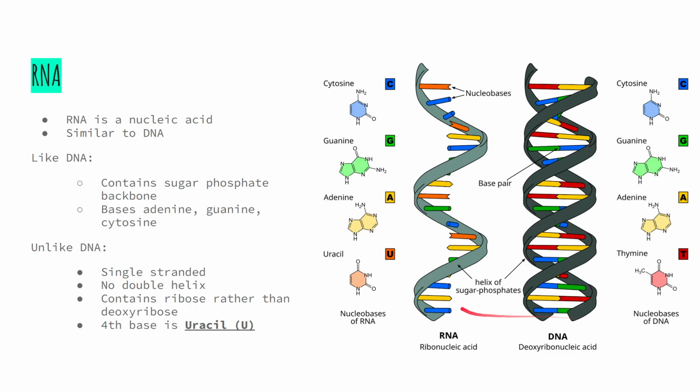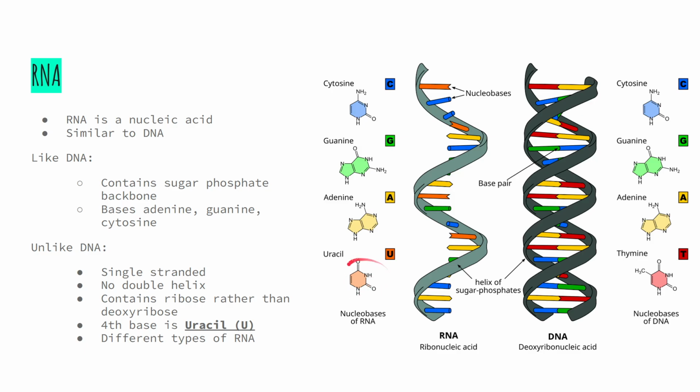The fourth base in RNA is uracil, and it is swapped out for thymine, and there are different types of RNA. Just to point out the difference between the thymine and the uracil, we can see that on the functional molecule, we have CH3. This is a methyl group, whereas on the uracil, it does not. Otherwise, they look very similar.